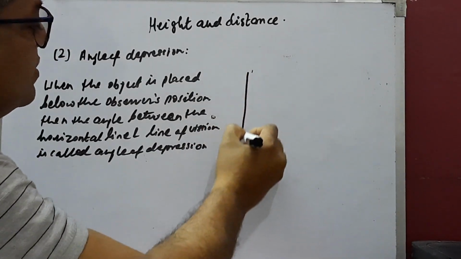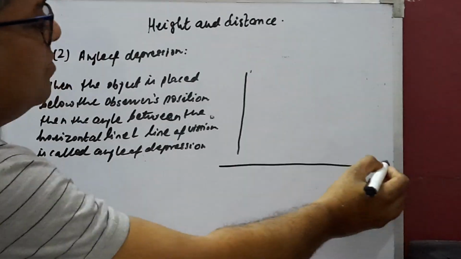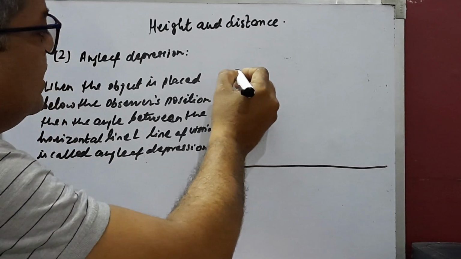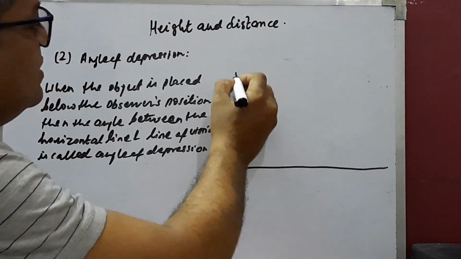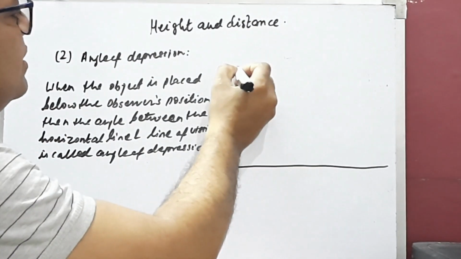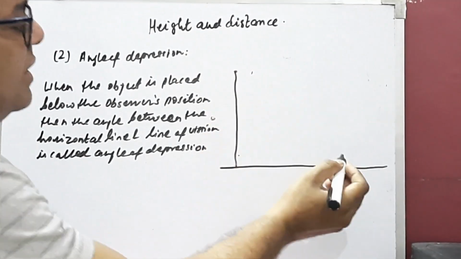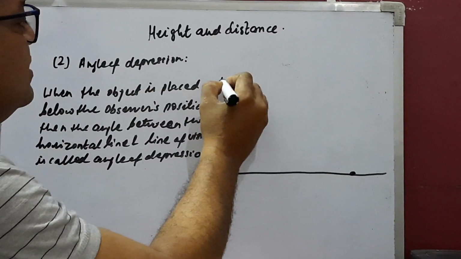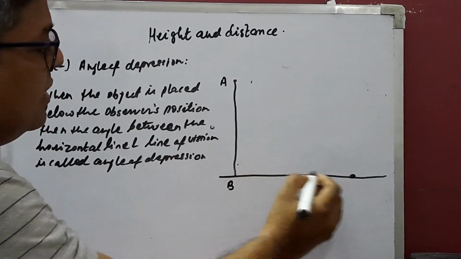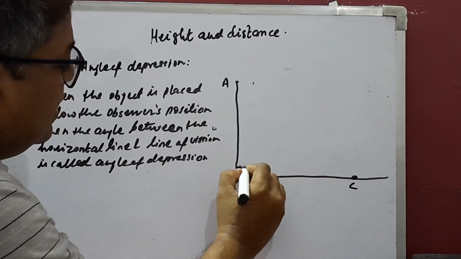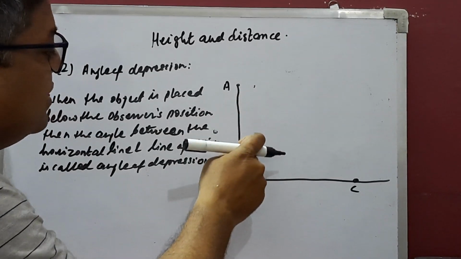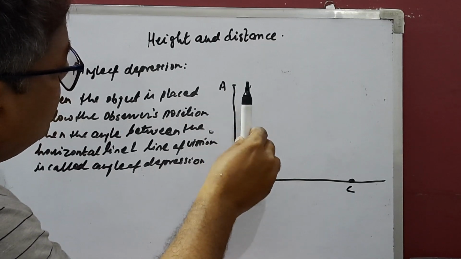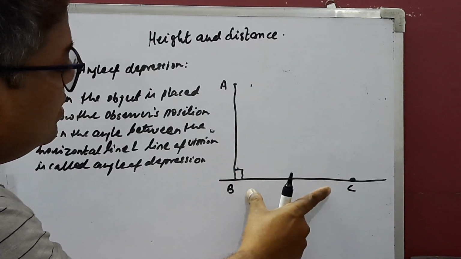For example, this is the ground surface, that is horizontal, and this is the tower, and here an observer is sitting and wants to see an object placed here. This is A, B and C, and as you know, any tower or thing is always perpendicular to the ground surface.